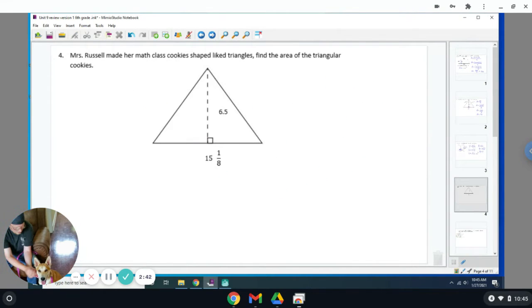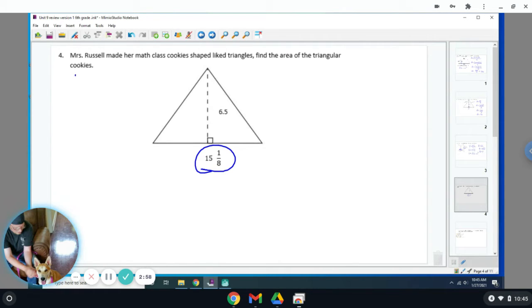All right, next one. Mrs. Russell made her math class cookies shaped like triangles. Find the area of the triangular cookies. So the base is 15 and 1/8, and the height is 6.5. So what I'm going to do is change this to a decimal.